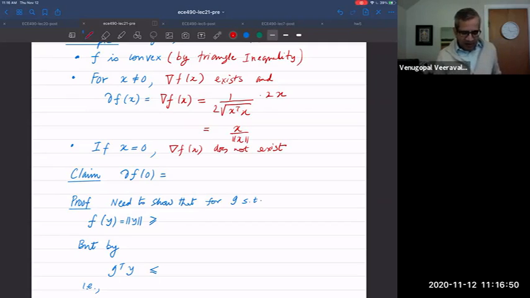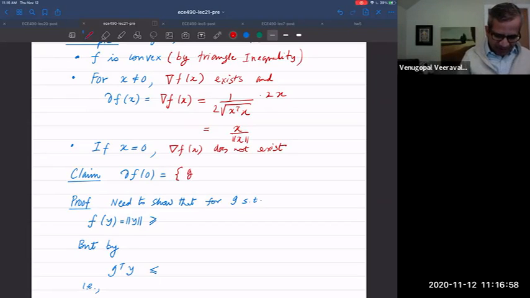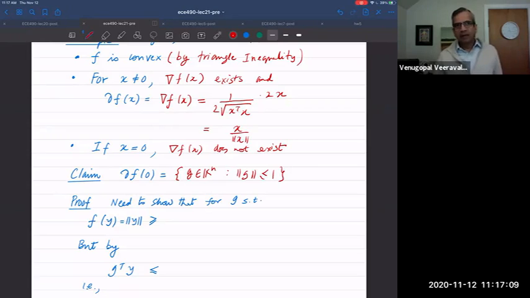So the intuition says that all directions are okay, except that you want to make sure that the norm of the subgradient is less than 1. If it's bigger than 1, then you don't expect that linear boundary to stay below the curve. So that's the intuition, but we can verify this mathematically.